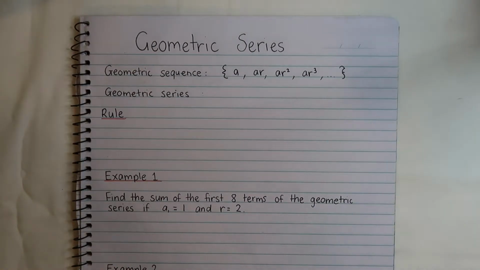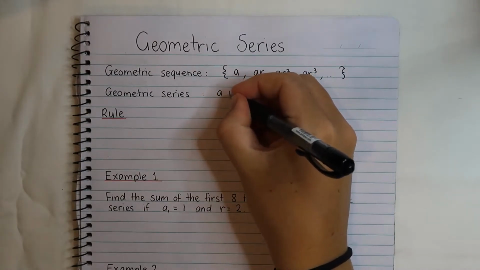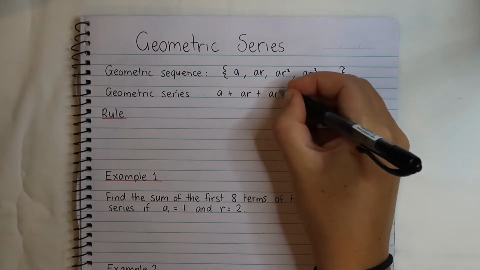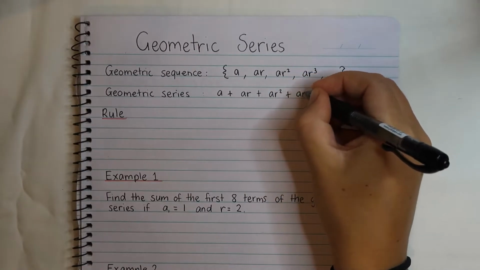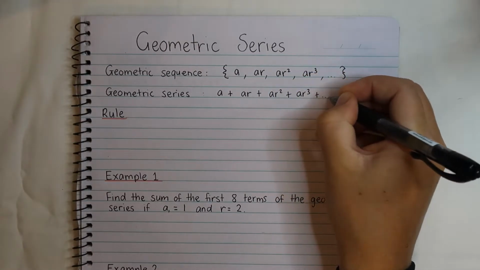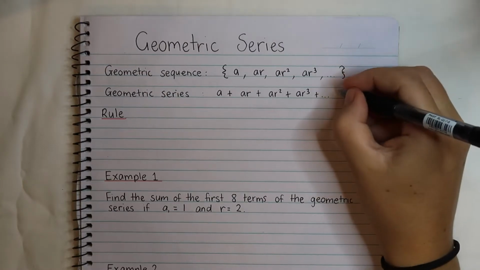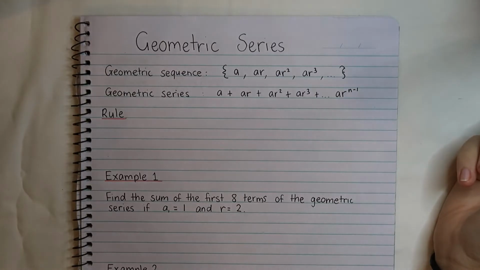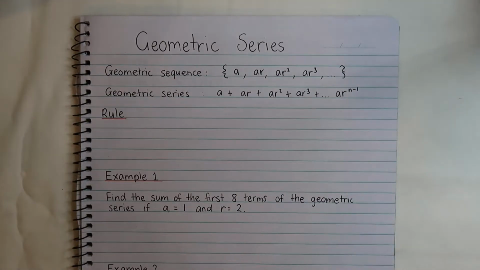So we can write this as A plus AR plus AR squared, and so on, until we get to AR to the n minus 1. So each term is AR to the power of k, where k starts at 0 and goes up to n minus 1.